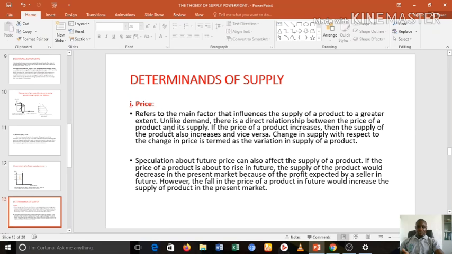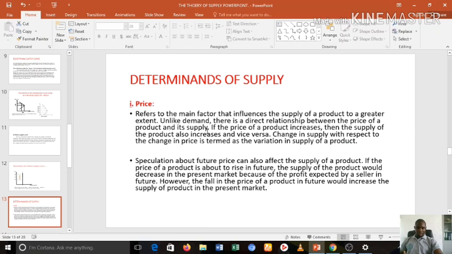All right, so I read. This refers to the main factor that influences the supply of a product to a greater extent. Unlike demand, there is a direct relationship between the price of a good, of a product, and its supply.